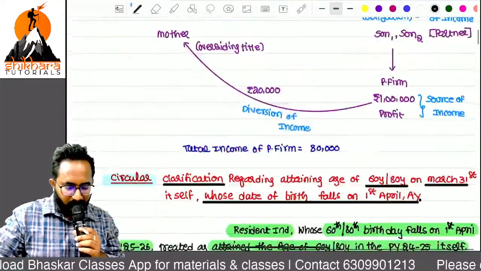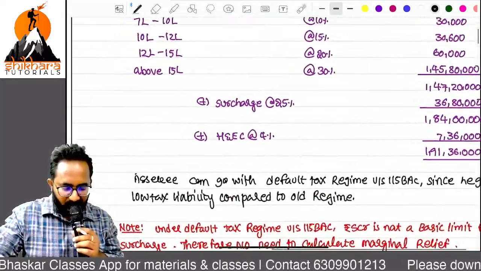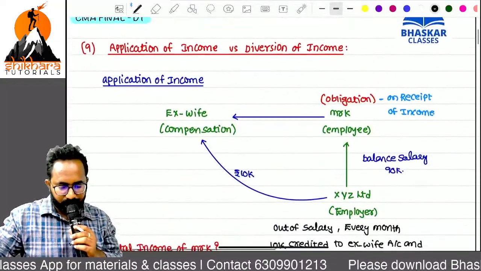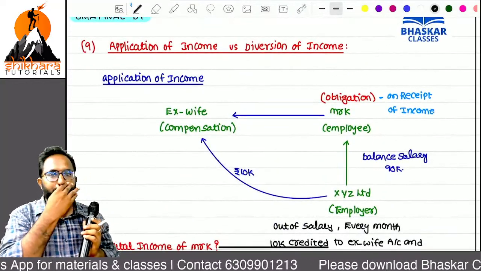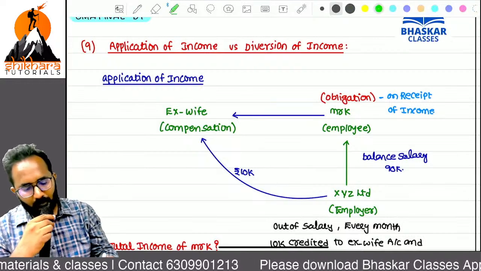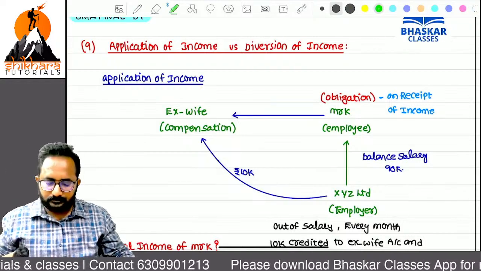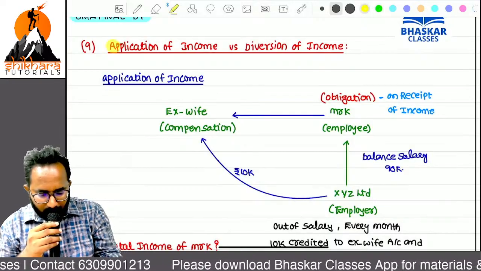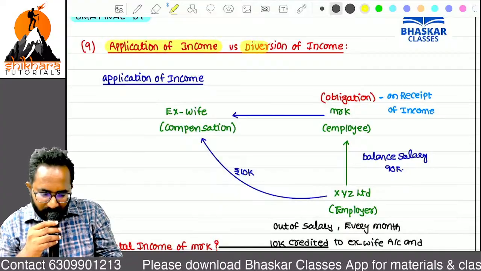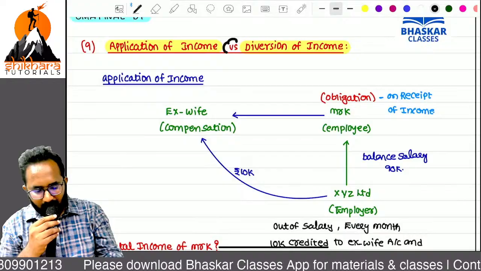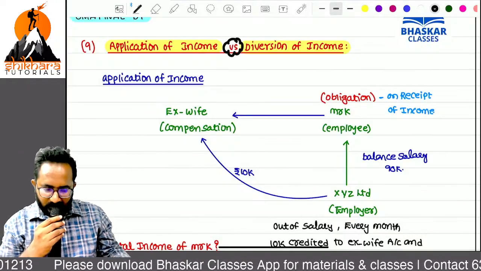We have the concept of diversion of income and application of income on page number 25. Application of income versus diversion of income.